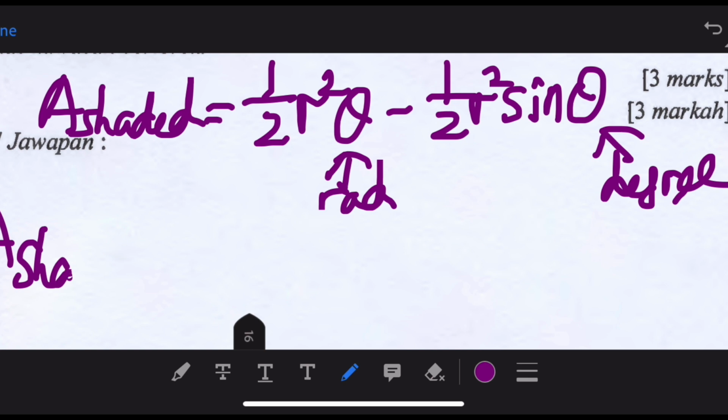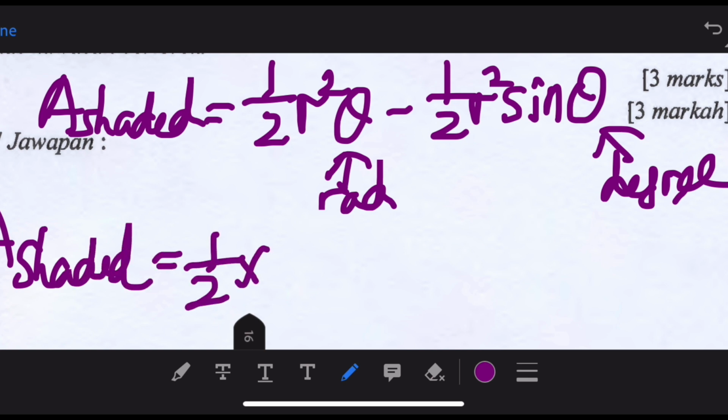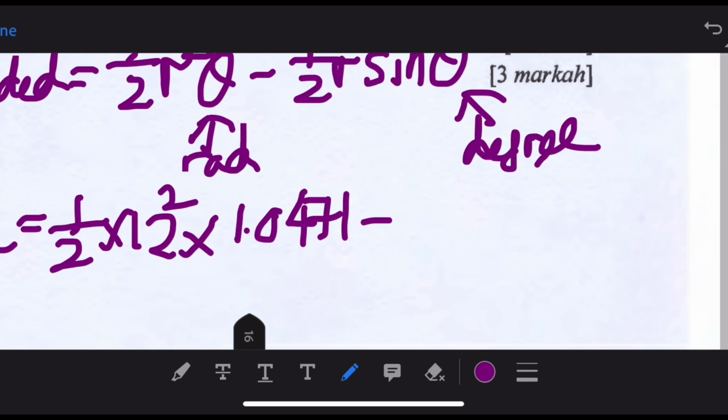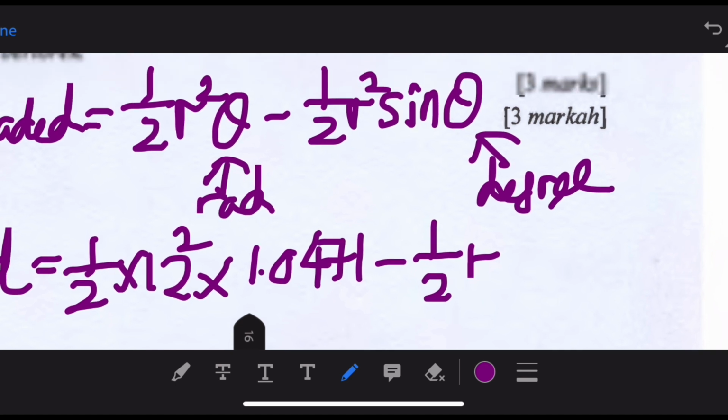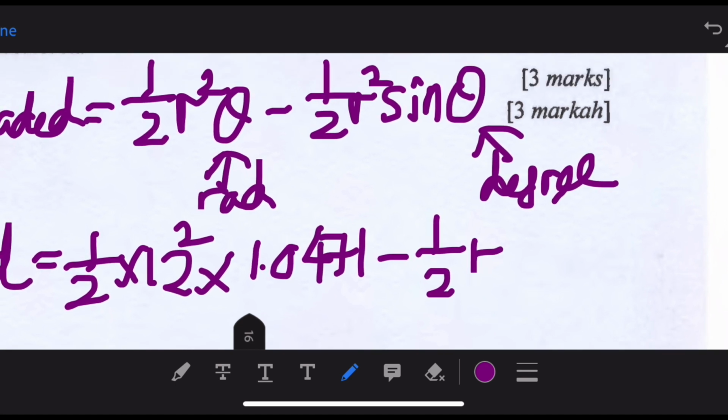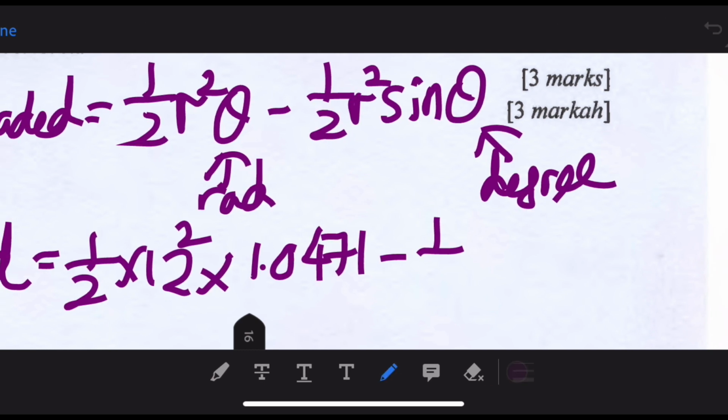So when you use this formula, you must be aware that the theta for the sector is in radian, but the theta for the trigo is always in degree. Unless you want to write in radian, you must convert your calculator into radian mode.